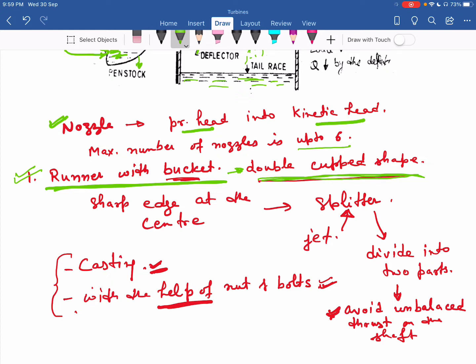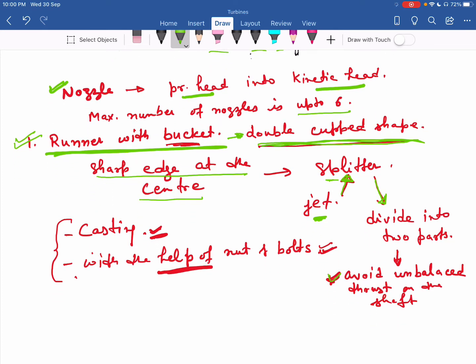When these two cups are joined together, there is a formation of a sharp edge at the center. That sharp edge we call the splitter. The jet coming out from the nozzle strikes on this splitter and is divided into two parts. This division into two parts helps in avoiding unbalanced thrust on the shaft. This is the shaft on which this rotor is mounted.